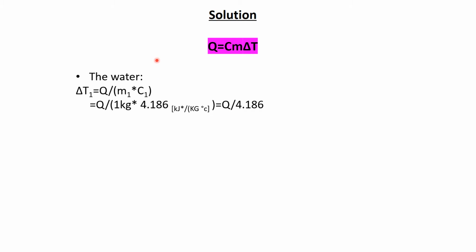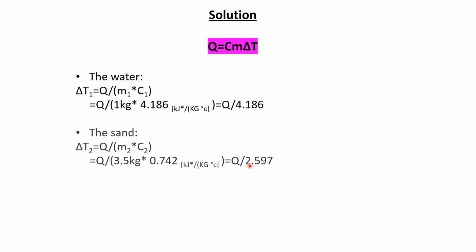But let's look at the sand and at the expression that we get for the sand, and we'll try to get something from it. If we are talking about the sand, the ΔT of the sand is Q divided by m of the sand and c of the sand, and when we put in the numbers we get that the ΔT of the sand is Q divided by 2.59.